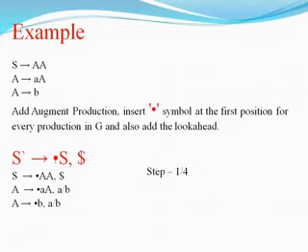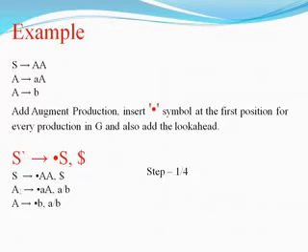Like that, in the S production we have kept the dot. Whatever input we have, we take the complete input grammar and keep the dots. S tends to dot A A, comma dollar. This is the dollar symbol we have to keep, because for the S production there are no terminal symbols to look ahead. You observe whether there are terminals or not. There are no small letters on the right side of the grammar, so I have represented the dollar symbol.